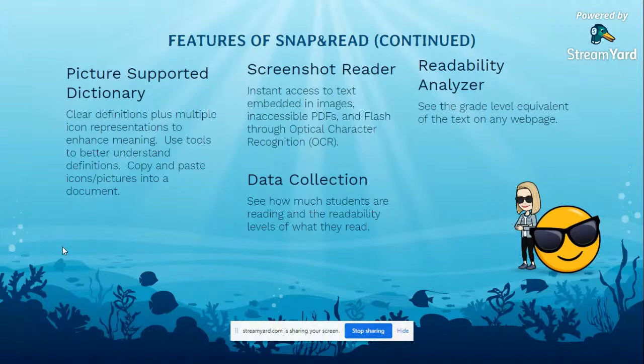There's also a screenshot reader, and what that does is give you instant access to text embedded in images and inaccessible PDFs through optical character recognition. There's a readability analyzer. You can see the grade level equivalent of the text on the page. And then there's also the feature to collect data to show how often your students are actually using it and what the readability levels are of the things that they've been reading.